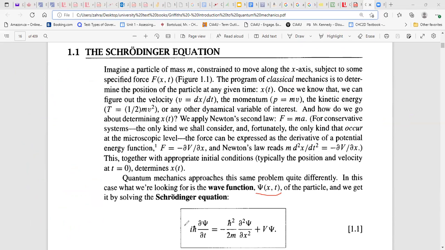Let's just look at this equation: i h bar, where h bar is the Planck constant, times the first derivative of the wave with respect to time, equal to negative Planck constant power 2 divided by 2m, times the second derivative of the wave with respect to x, plus the potential multiplied by the wave. Let's see the unit of each term here.